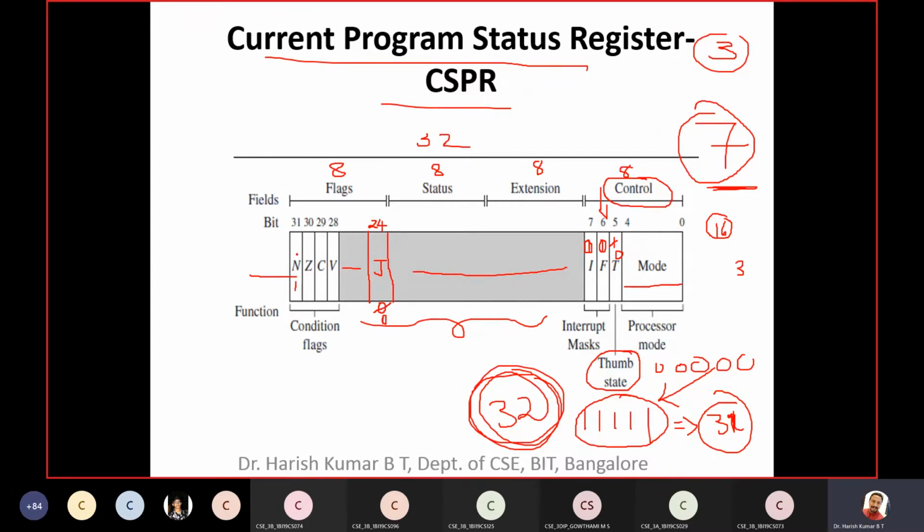If I want to know whether the result of the operation performed by the ALU is positive or negative, I go and check this N bit inside the CPSR. If this N bit is set to 1, what does it mean? The result of the most recent operation performed by the ALU is a negative result. Hope people understood?